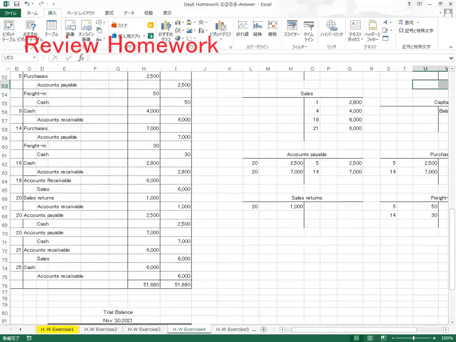But it is okay for transportation fee. Freight in is just a little bit special word for precisely identifying the transport of materials.